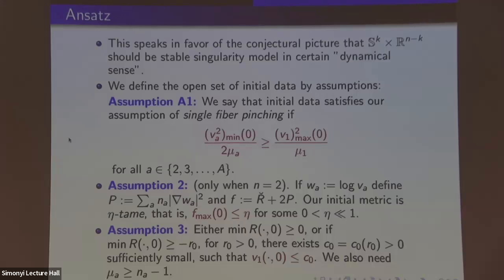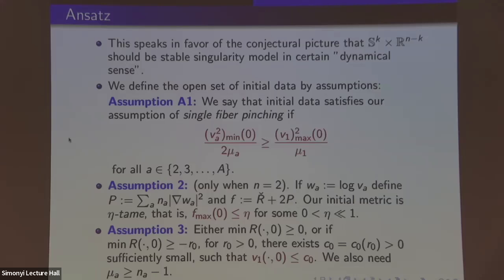Assumption A1 we call single fiber pinching. We require that the minimum of v_a squared at 0 divided by 2 mu_a, where mu_a is the Einstein constant, is greater than v_1 max squared at 0 over mu_1, for all a from 2 to A.